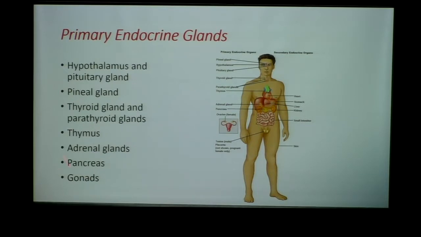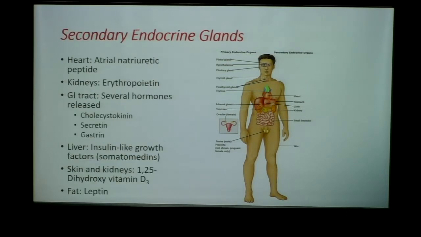The pancreas and the gonads are also involved. The pancreas also has a dual function. It functions in our digestive juices to help break down food, as well as an endocrine hormone. And then the gonads obviously have multiple functions, right? Reproduction, but also hormone functions as well. So these are the main glands that we'll look at today. We'll talk about exactly what hormones affect these glands and what hormones these glands release in turn.